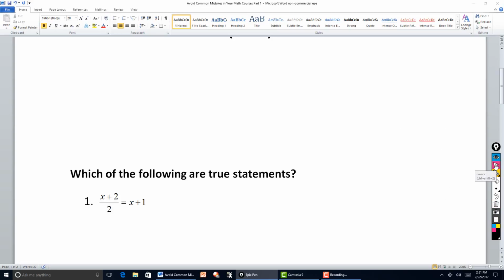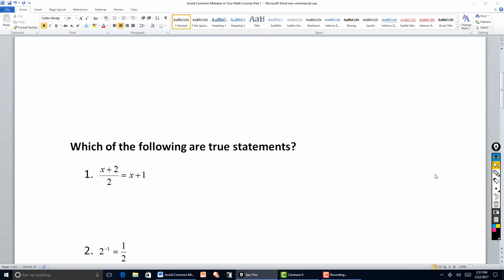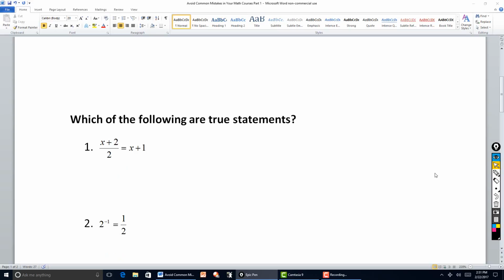We go to the next one, and again, I'll give you a few seconds just to look at it and decide whether this is a true statement. 2 to the negative 1 is equal to 1/2. So in other words, we have a to the negative 1, where a is not 0.